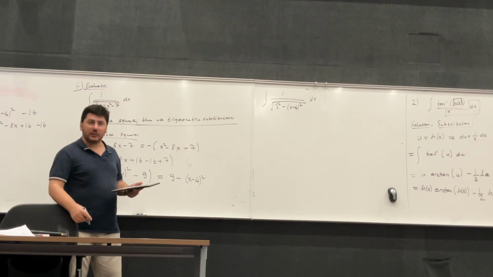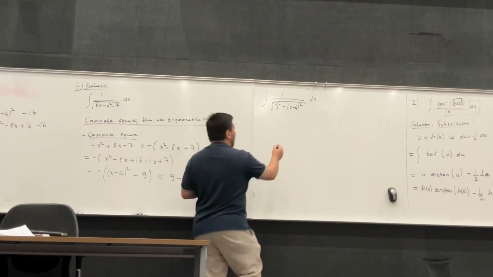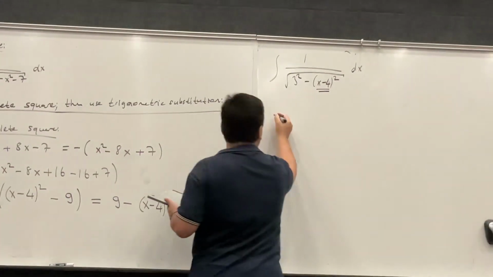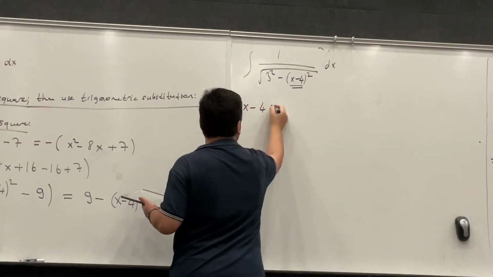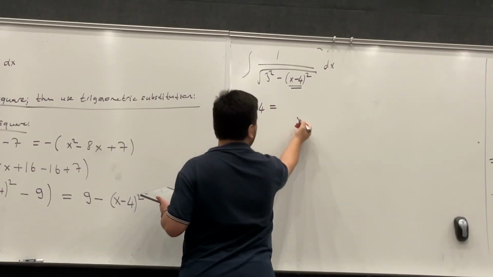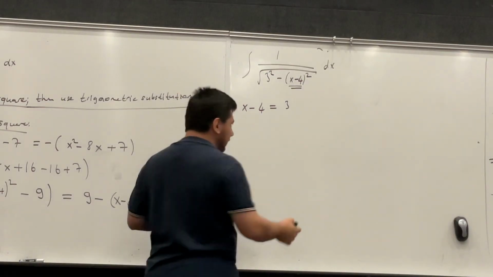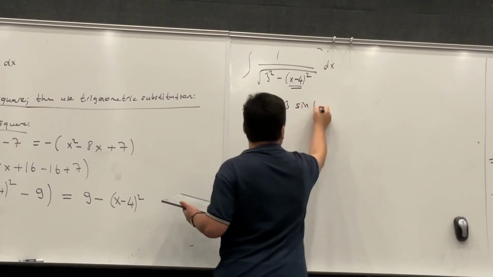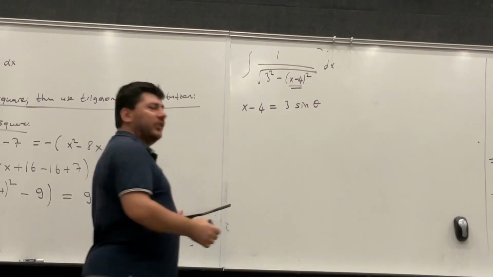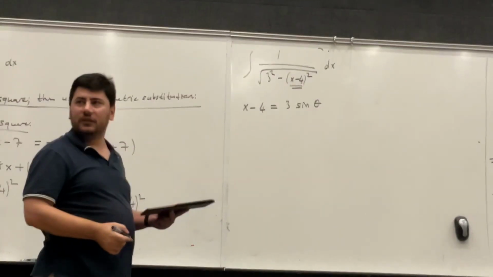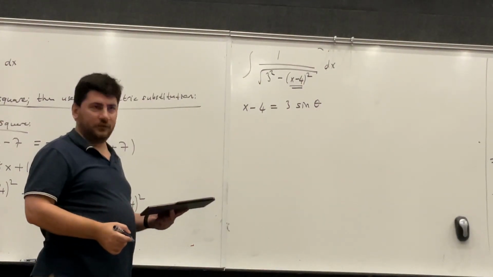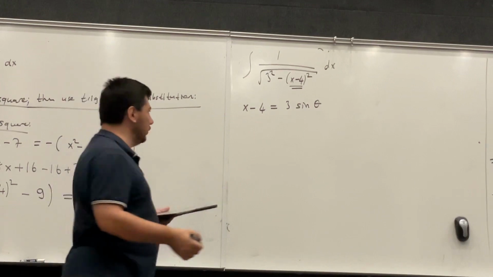Sine substitution, right? So now I'm going to say x minus 4 is equal to 3 sine theta. Does this make sense? This is the substitution we are making.